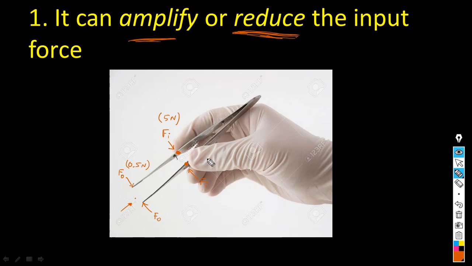You know what I mean? So that's a good use of reducing the input force through a simple machine. And we are going to understand why this thing reduces your input force later.